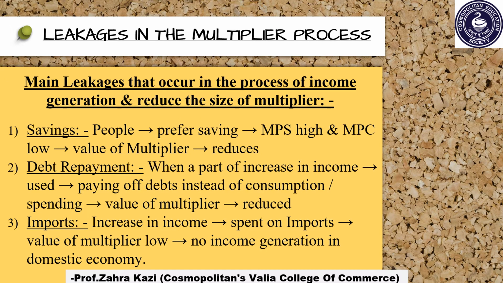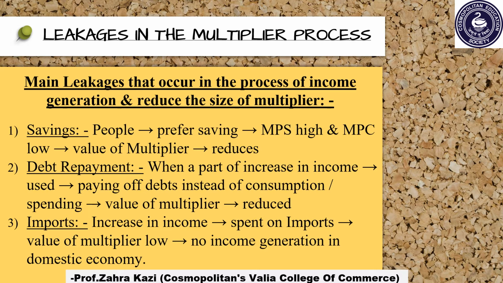The next subtopic is leakages in the multiplier process. The main leakages that occur in the process of income generation and that reduce the size of the multiplier are: the very first one is savings. Saving is considered to be the most important leakage of the multiplier because a whole part of income is not consumed.